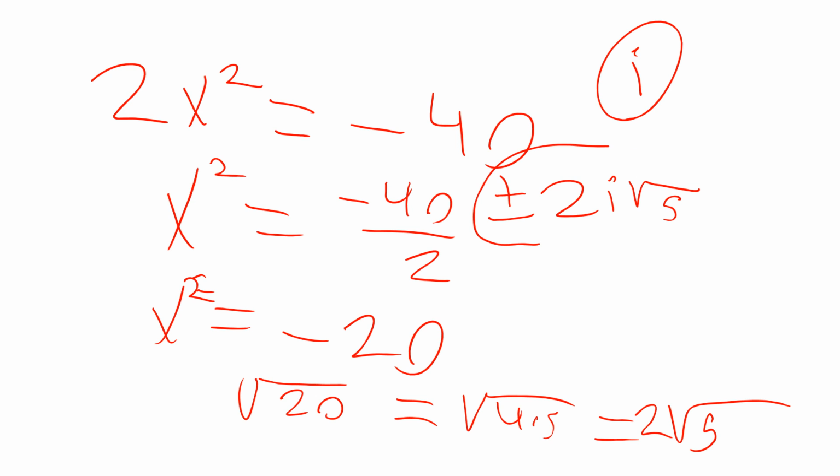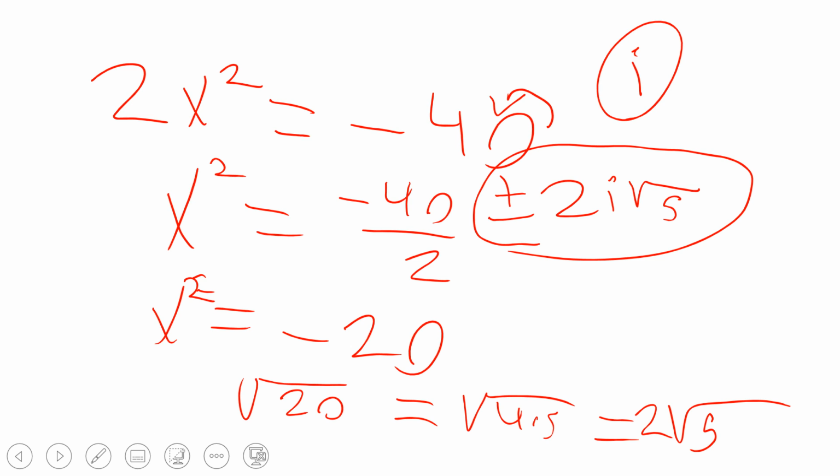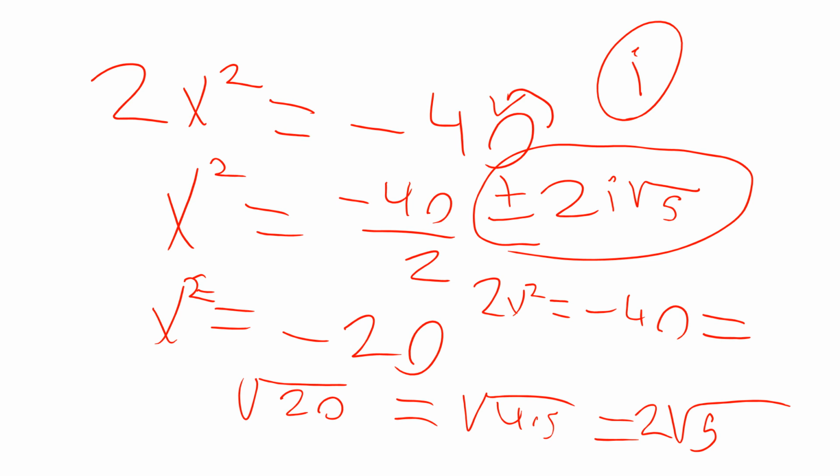We have the plus minus, and that is our solution to this. And you have the same rules, just get rid of the 2. So essentially it's the same problem as we did last time. These two are equal.